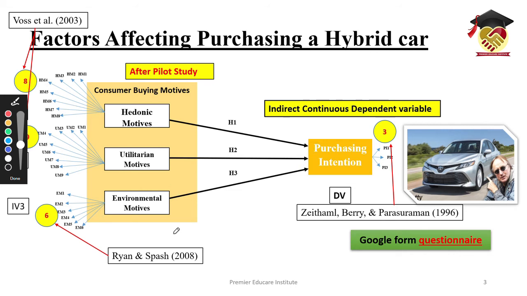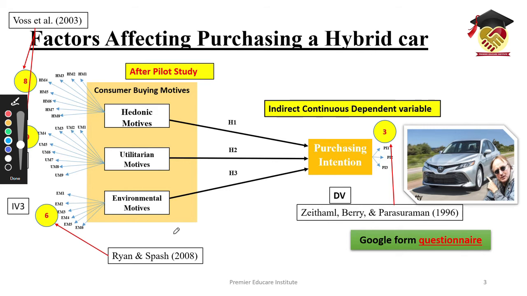So to measure the hedonic motives, you have used 8 questions. Those 8 questions should be taken from one article, or from one research, or from one author. Please understand, because sometimes you may mistakenly take 5 questions from one article and another 3 questions from another article. No, you can't do it like that. You have to take all the 8 questions, or all the 9 questions, from one article, right?